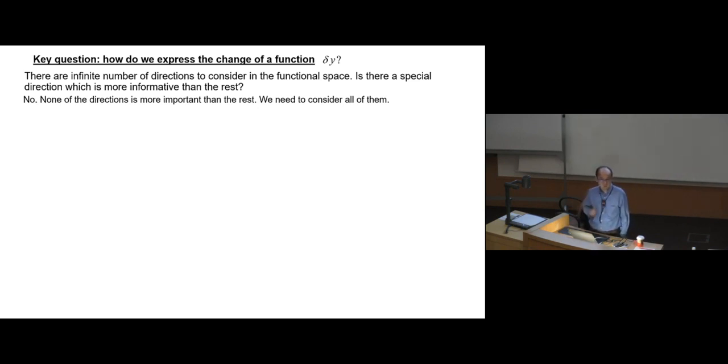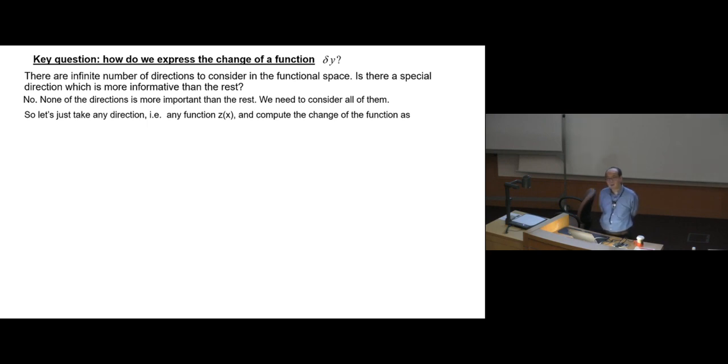So how do we do that? I just take any direction, which means, because we're talking about a change of function, I'm taking any continuous function z of x. I'm going to change my y of x along this direction, which means I compute the change of function this way.